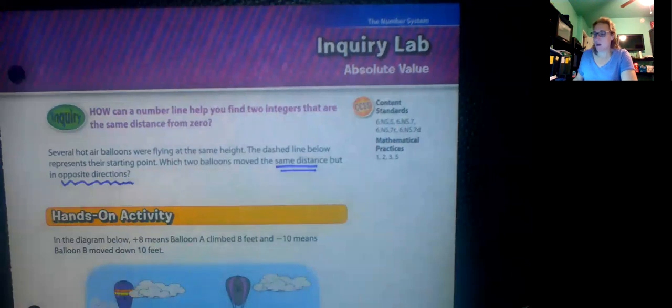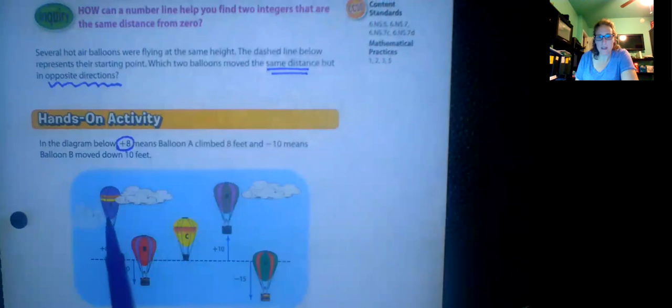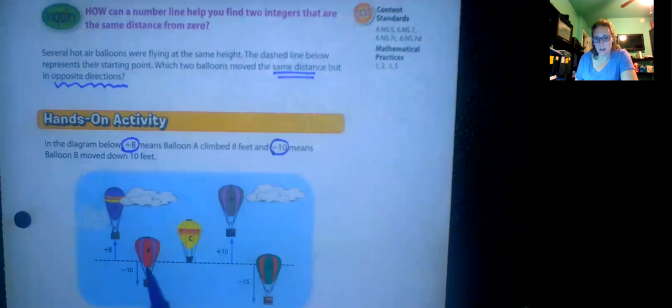Okay. All right. So in the diagram below, a positive 8 means that balloon A, which is here, climbed 8 feet in the air. And negative 10 means that balloon B, which is here, moved down 10 feet, okay?